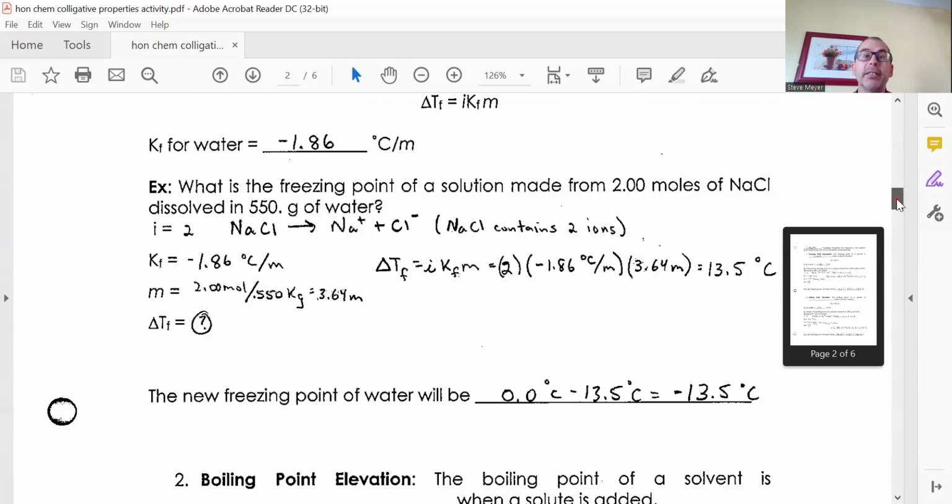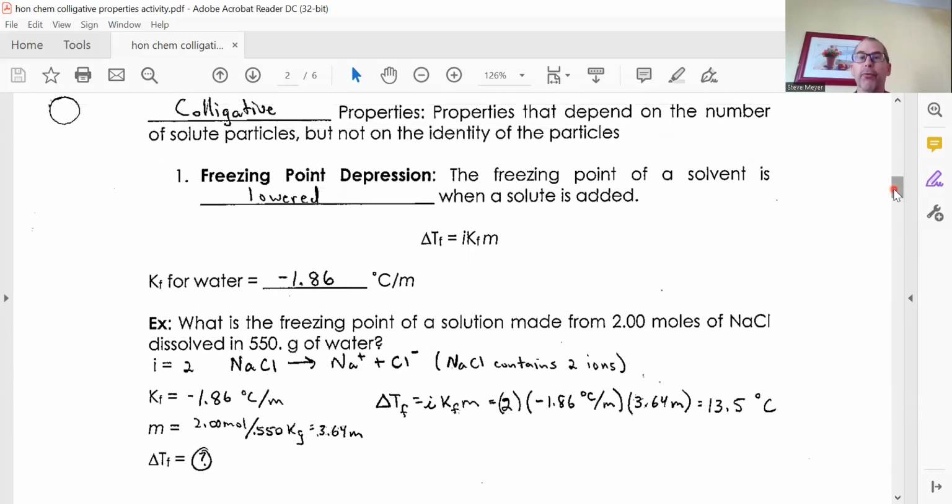Okay, why is the freezing point lowered for a solution? Really the same reason, that salt, whether it's NaCl or CaCl2 or whatever's in there, is going to stick to the water. And when salt water freezes, it's actually the water that freezes out.